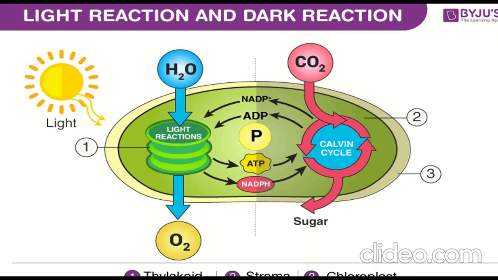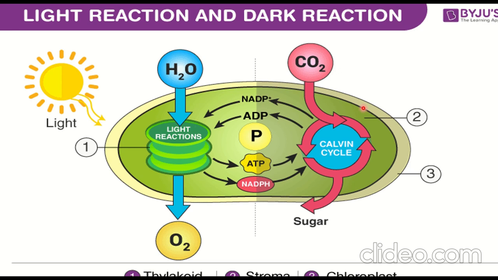So to summarize everything, here the H2O is absorbed. It is difficult to break, so the sun provides energy for it to break. Now, this H2O is broken, and from that, oxygen is given as a waste product. Now, this hydrogen is carried by the NADP. Over here you can see a small plus symbol. That means it can carry and deposit hydrogen, and that happens through NADPH.